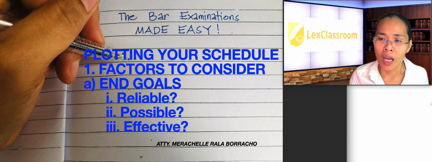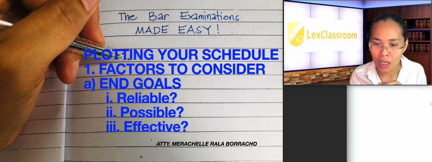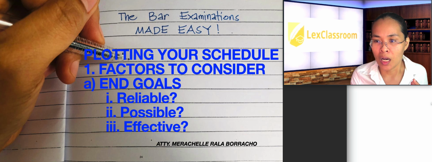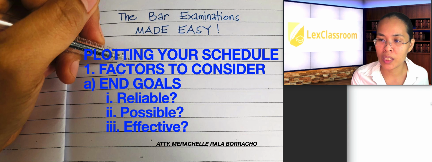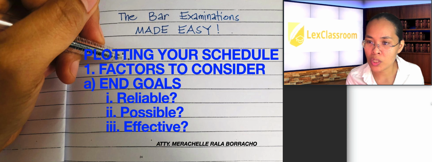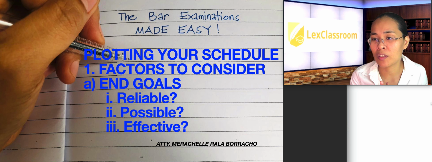So again, you have to plot things according to timeline, plot things according to the distribution of the subjects. I mean, all subjects must be reviewed. You have to tackle everything, and if based on your personal assessment you need not study this much, you also have to make yourself study the other more difficult subjects.